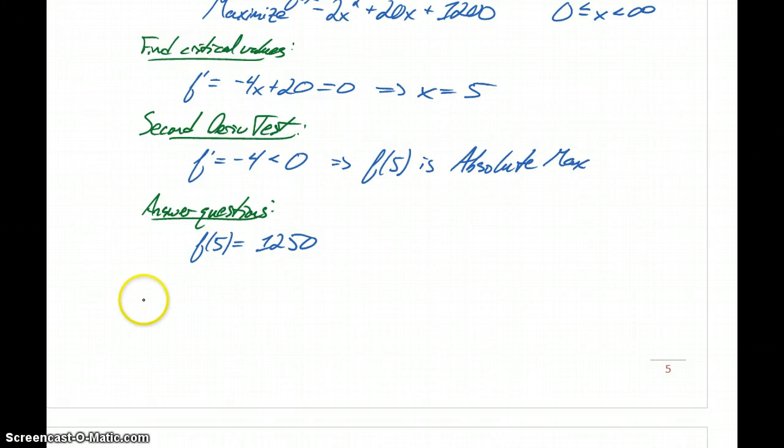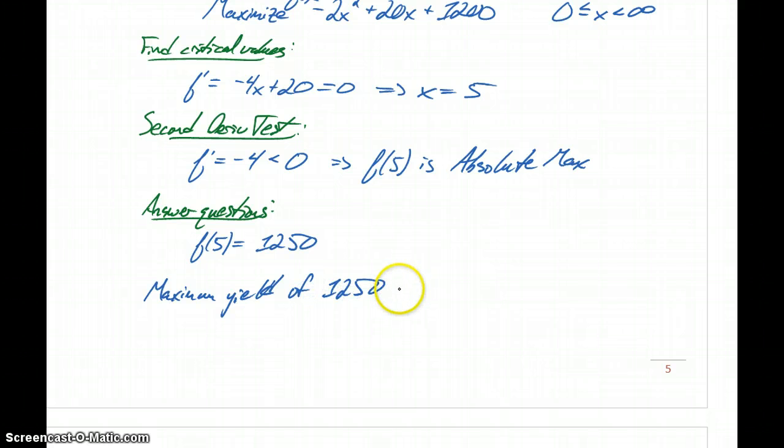So our interpretation here, the answer to the question, is that a maximum yield of 1,250 pounds will occur when we plant 5 additional trees.